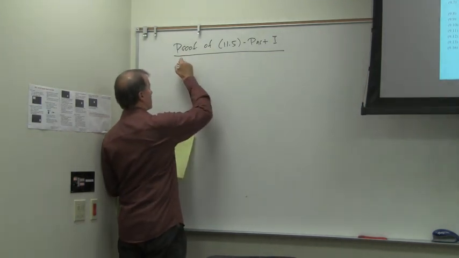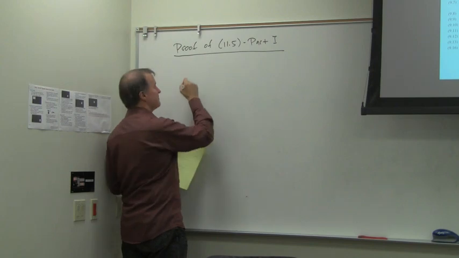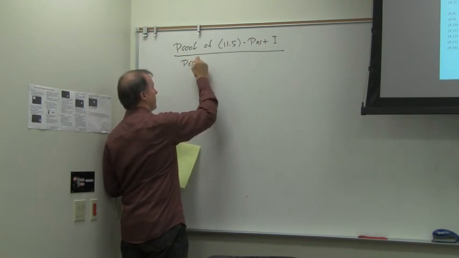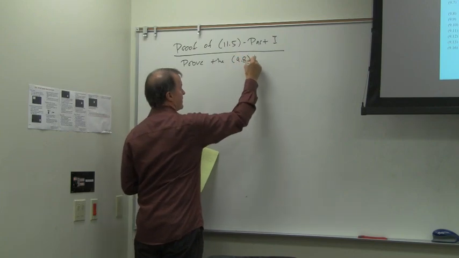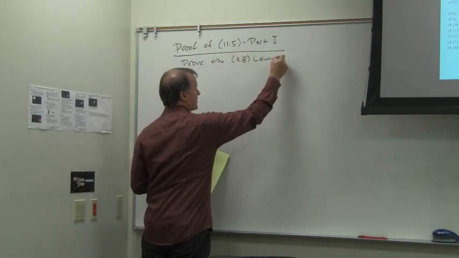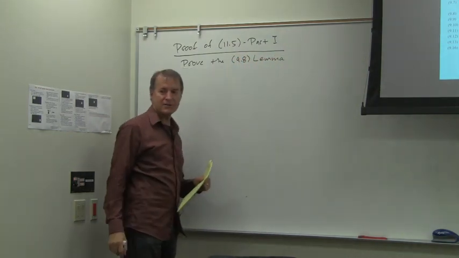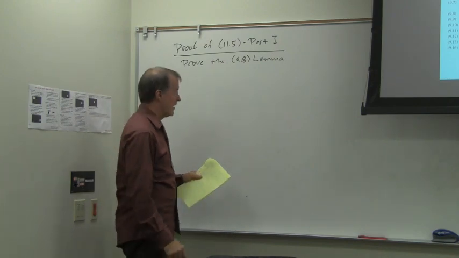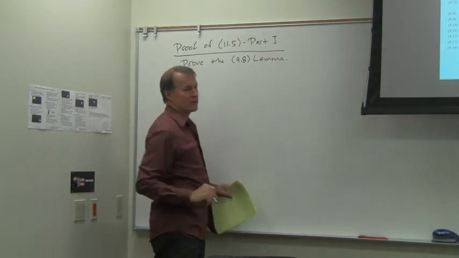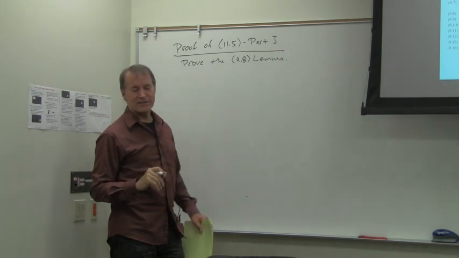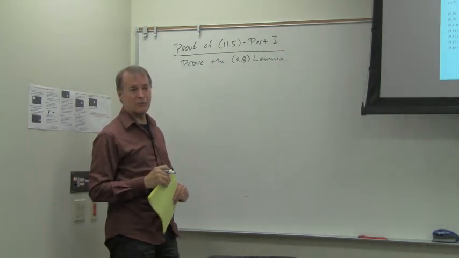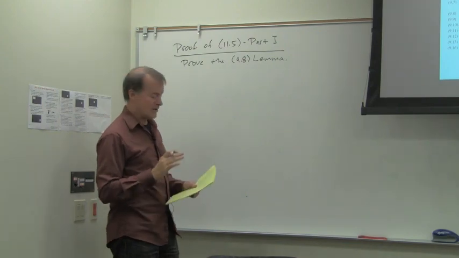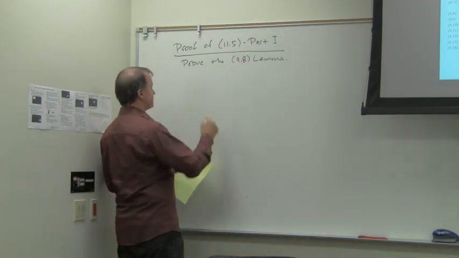What we're going to do is prove what we call the 9.8 lemma. That's going to be our terminology. Now, this next sentence that I'm going to write down is the way to do this. If you prove the 9.8 lemma, start this way.